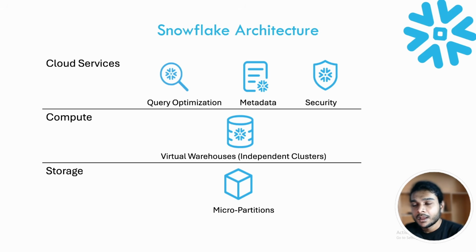Let's say you have multiple teams working on the same storage, same data. You can create one virtual machine for the data analysts, one for data engineers, one for ML engineers, all separately, and all of them can work on the same storage at the same time.